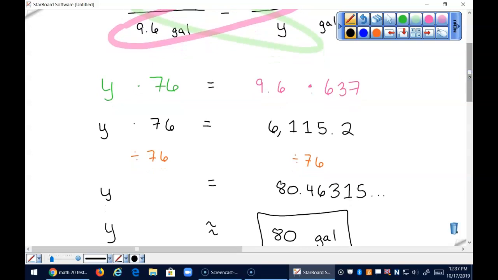If you were to write all the steps just to make a teacher happy, you don't have to write quite as much as this. I'm writing extra because I'm lecturing. So if I was to leave out this step, that would be fine. I could leave out that top black line. You could see I'm doing y times 76 divided by 76 is y. You could see I'm multiplying the two pink numbers and dividing by 76 to get that. So you could leave this out, and anyone reading your work could see exactly what you've done anyway.